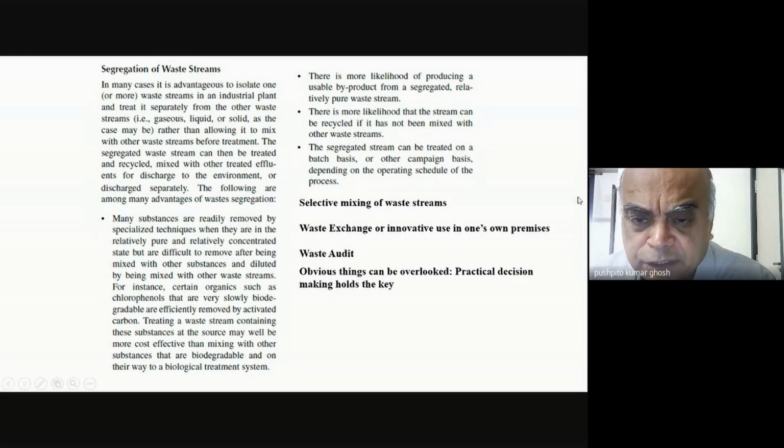The third is, you might be a good chemical engineer or a good chemist or a material scientist, but you may not really have the skill to look very carefully at doing a waste audit. And there are people who have been trained in this area. They're very sharp.